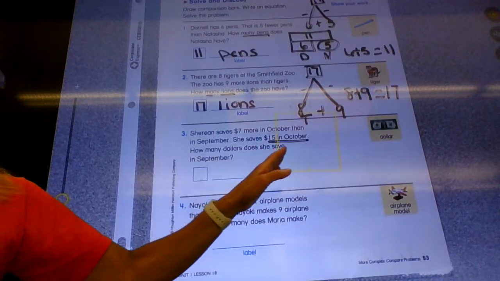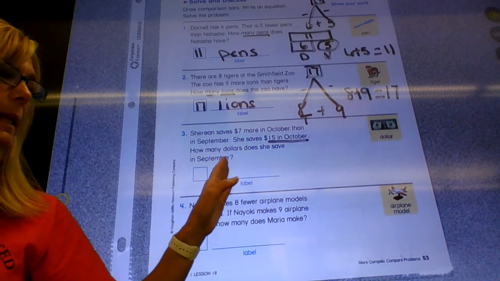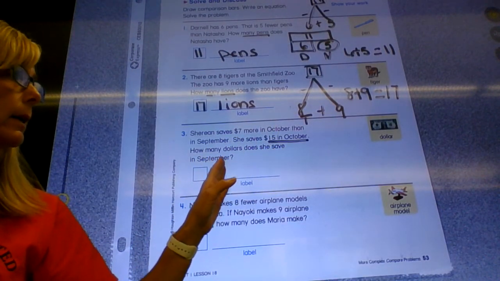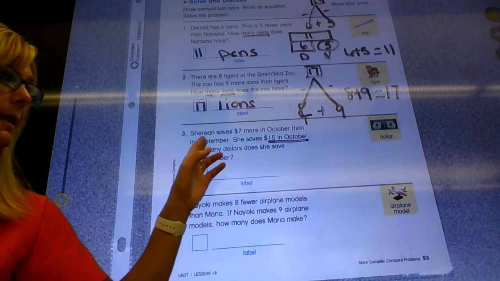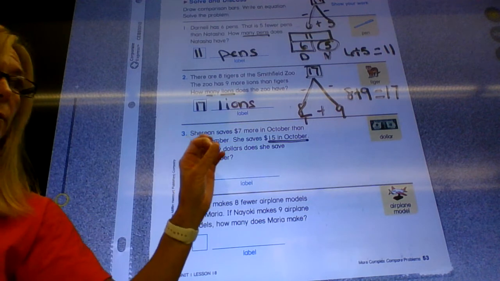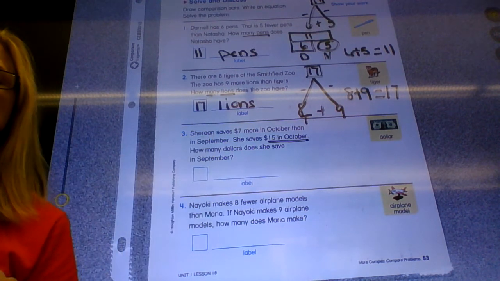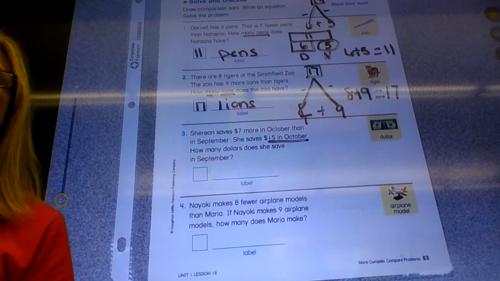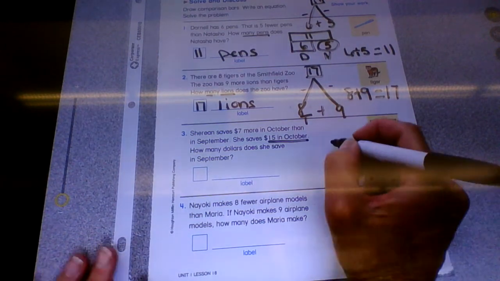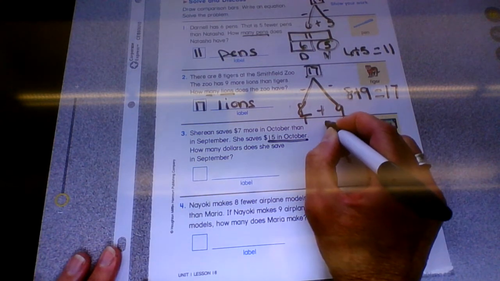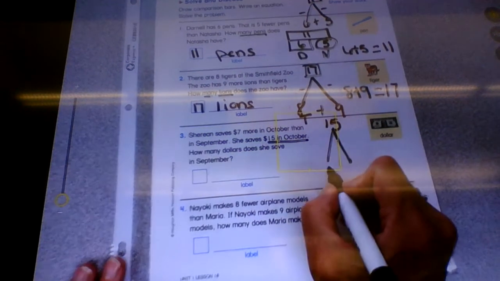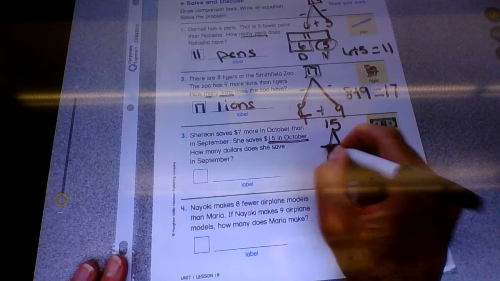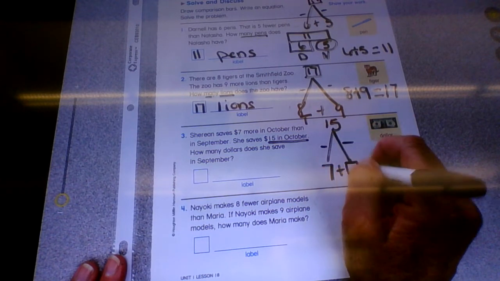How many dollars does she save in September? Okay, so she has more money in October than she does in September. So it sounds like September has to be a smaller number, and that means subtraction. So we know too, if we get a total, then we're going to be subtracting because a total plus a partner would be a subtraction equation.